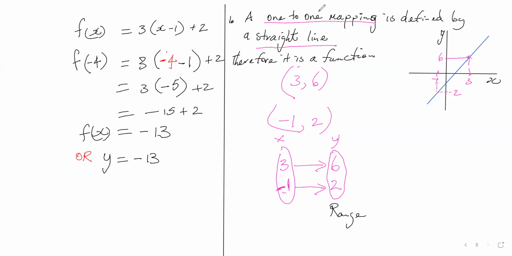If there's a number on the x-axis, 3, it maps on the line to 6. If you have a number on the x-axis, -1, it maps onto 2. Oh, this is wrong. This is -2, because here is my -2. So just make that correction in your range.